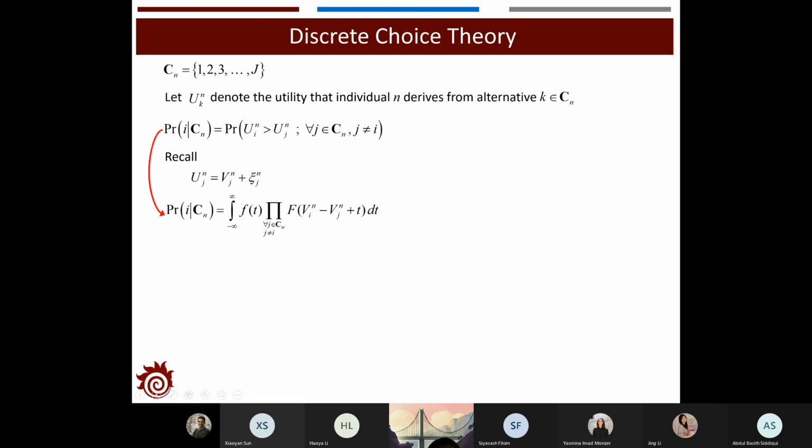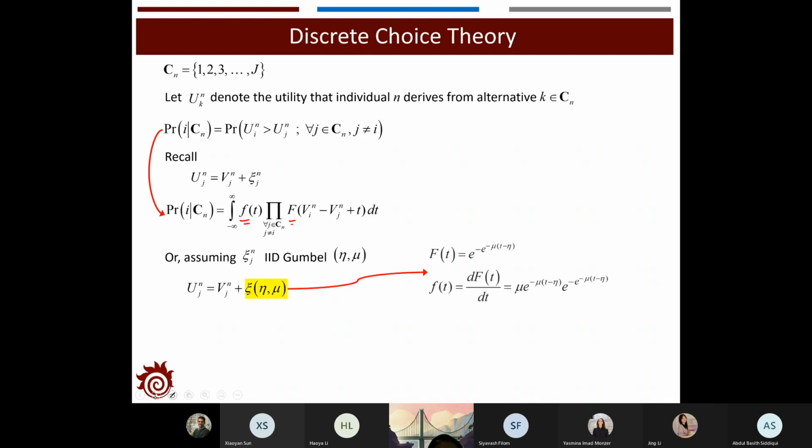Regarding the probability, based on the definition, we can find that the probability can be derived as a function of the random term, and this equation applies to any distribution function. But we usually assume a Gumbel distribution for the random term. Based on the features of the Gumbel distribution, it can be assumed to be the standard Gumbel distribution with the parameters 0, 1.